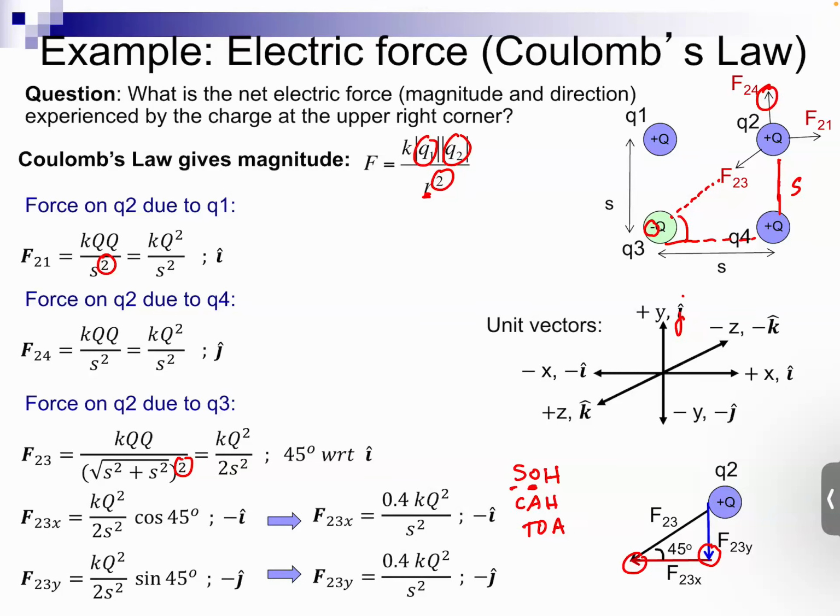Are we okay so far? Right, so we have these 4 vectors: F21 along the positive X, F24 along the positive Y, F23X along the left or negative X, and F23Y along the negative Y or downwards.